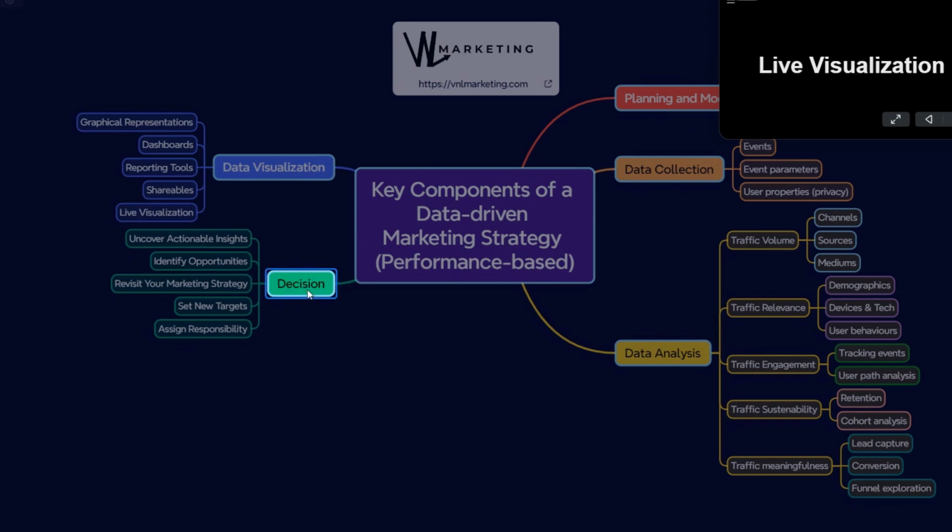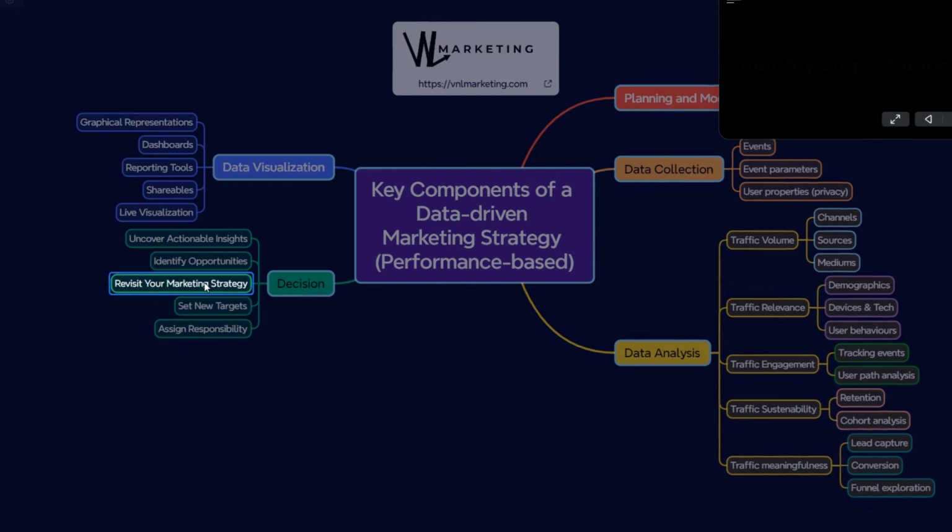And when that happens, you come to a point of decision whereby either your marketing team or your management team can be able to uncover actionable insights from this data, and then identify opportunities for improvement of your marketing strategy. You will discover problems and bottlenecks that you need to remove or work on or streamline.